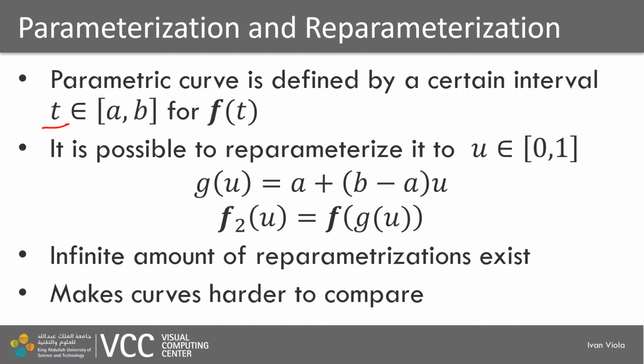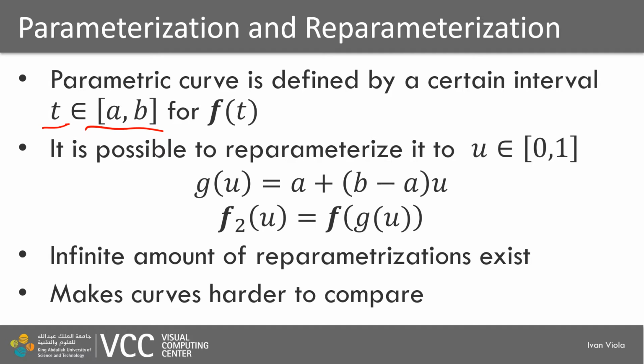This is a vector valued function. And we can have various parametrizations. So, for example, our t is varying between a and b, which might be some values, let's say -100 and 100, and we can have the same curve represented by a different parametrization.